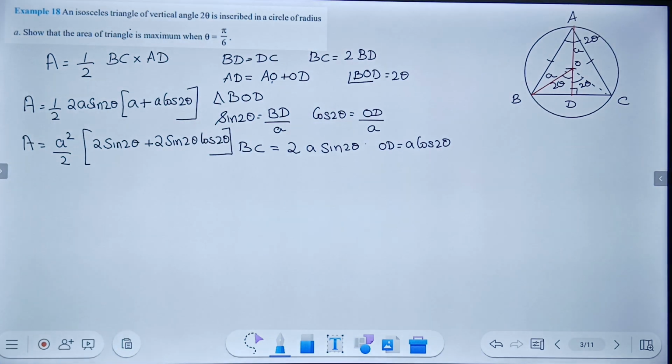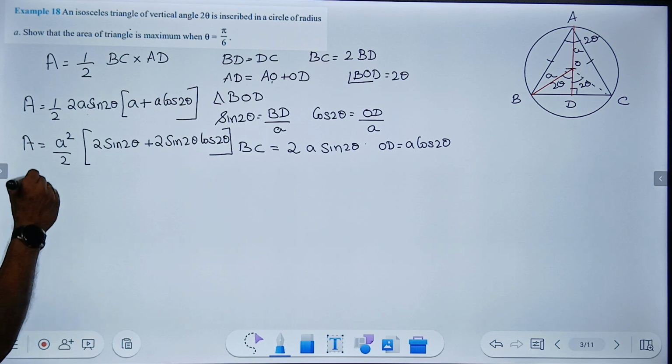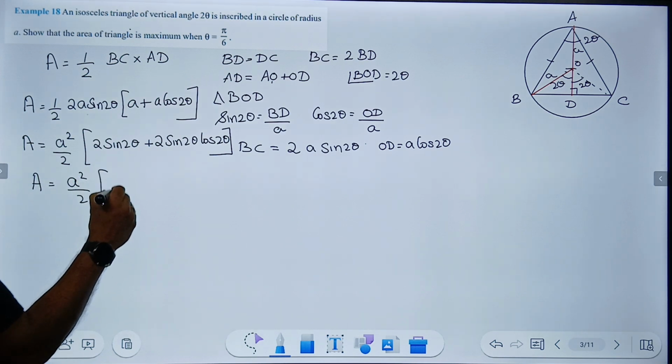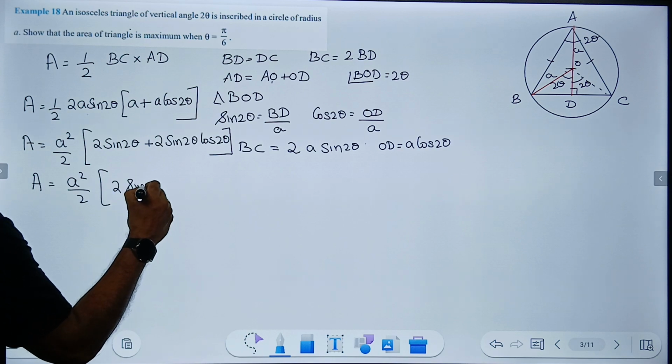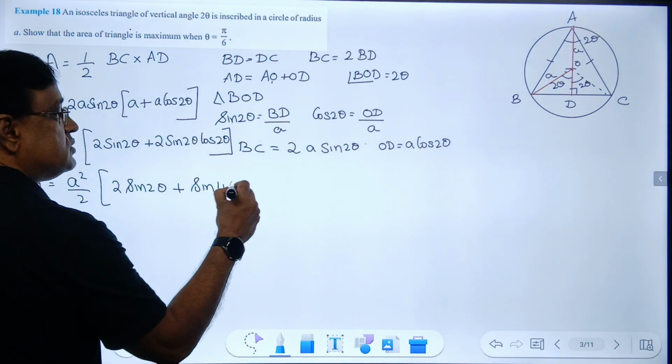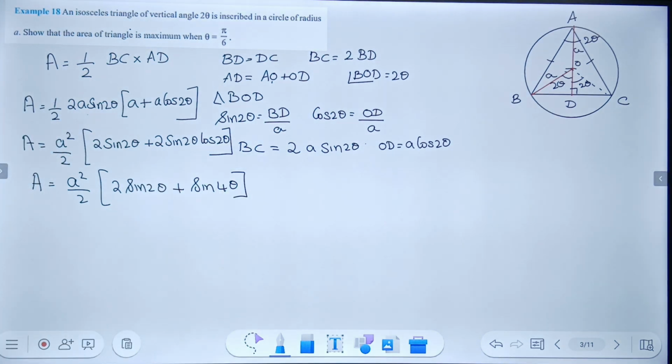I'm just opening the bracket. I keep half outside. So area will be A square by 2 into 2 sine 2 theta plus sine 4 theta. I'm using the sine 2A formula.